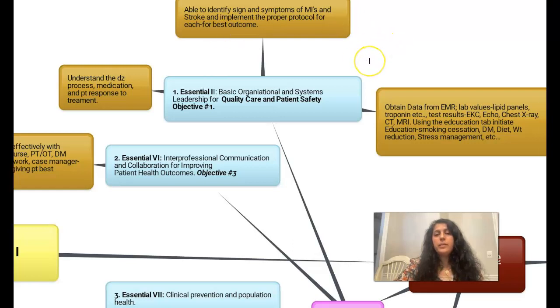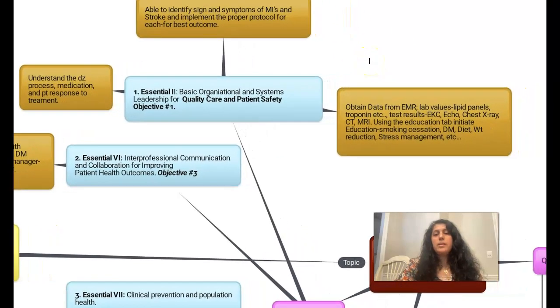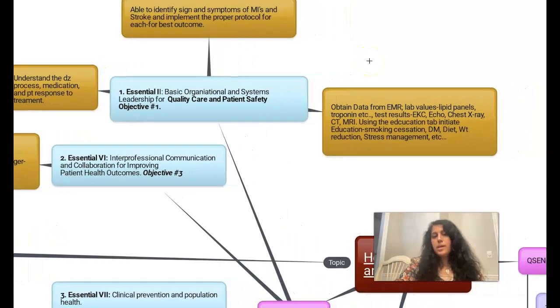So it's important that they know that a quick response is the key in treating these diseases and for the best outcomes. How they would do that is the student will be able to obtain data from the EMR, lab values, lipid panels, troponins, etc., and then test results like EKG, echoes, chest X-ray, CT, MRI, and communicate that with the physician and the other team members.